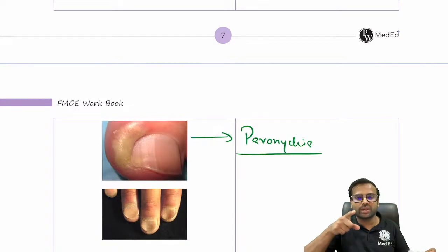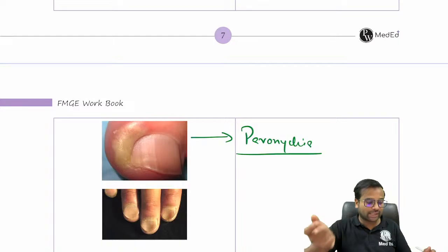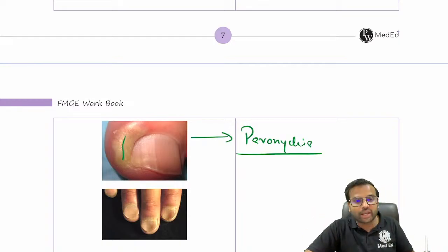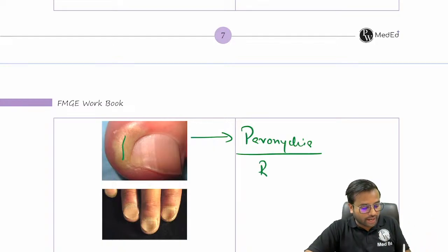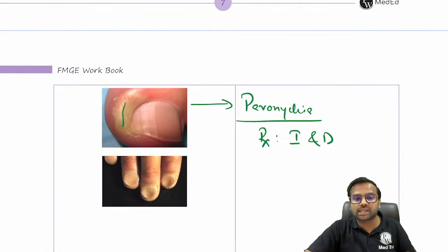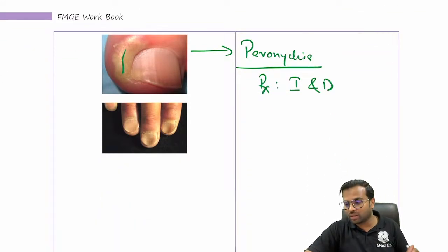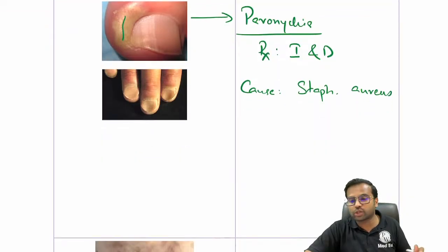The yellow discoloration that you see should be pus, right? So you give a small incision over the lateral nail fold and drain off the pus. So the treatment here is incision and drainage. Excellent. And what is the usual causative organism of paronychia? Yes, it is going to be Staphylococcus aureus.